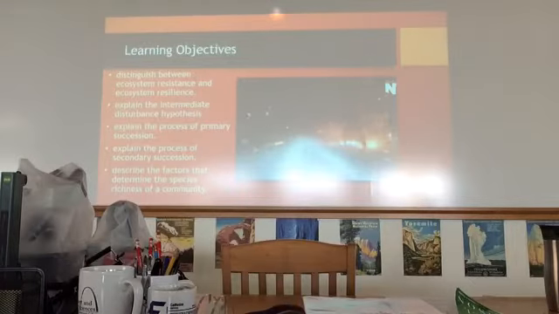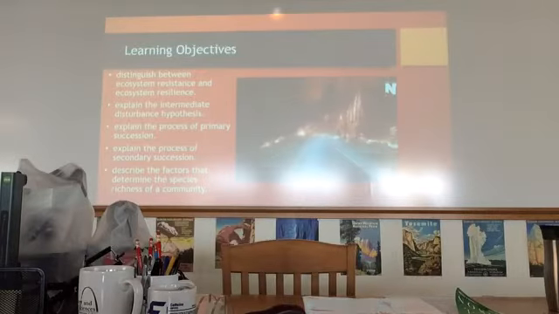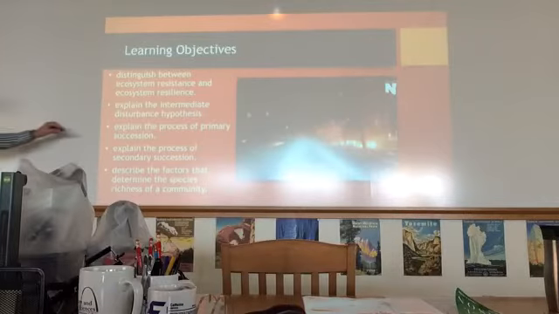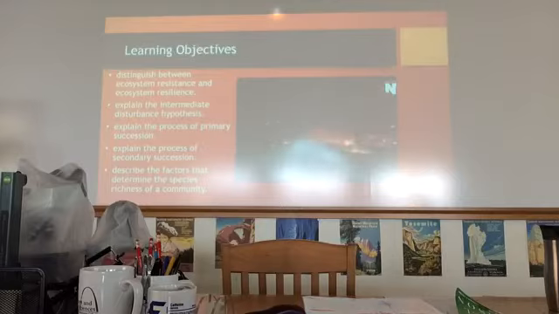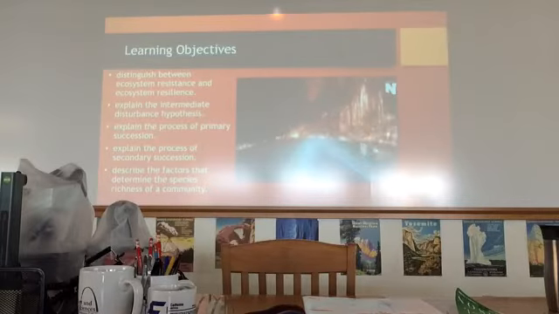We're going to look at the intermediate disturbance hypothesis, which is a big operating theory for the advancement of ecology and productivity in the ecosystem. Then we're going to see two examples of succession, which is how quickly things come back, primary and secondary. And the last thing is we're going to describe factors that determine species richness in a community. We know from about 10,000 feet what that looks like, but we haven't talked about what it looks like due to change in the environment.